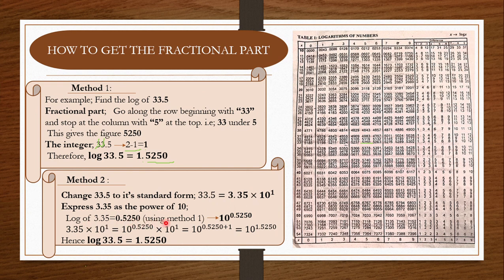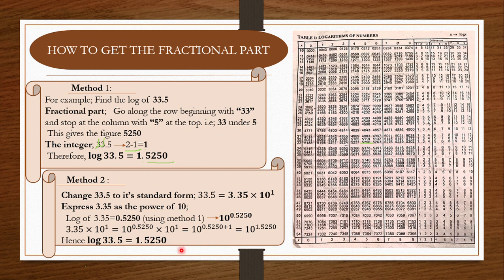Remember using method 1. Now that log of 3.35 will serve as our power. So it's going to be 10 raised to 0.5250. So 3.35 times 10 raised to the power 1 equals 10 raised to 0.5250 times 10 raised to 1.